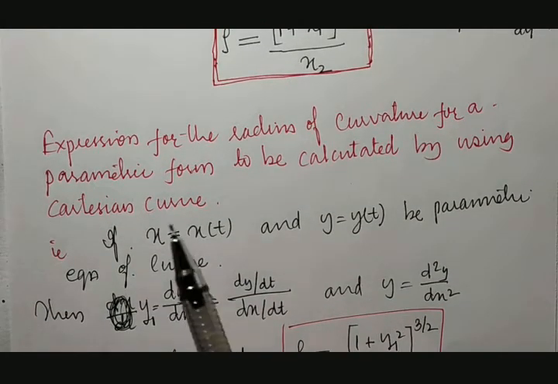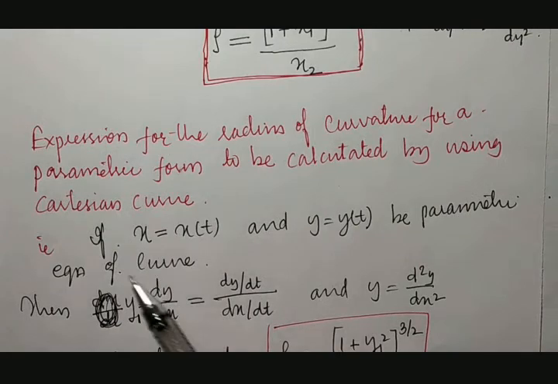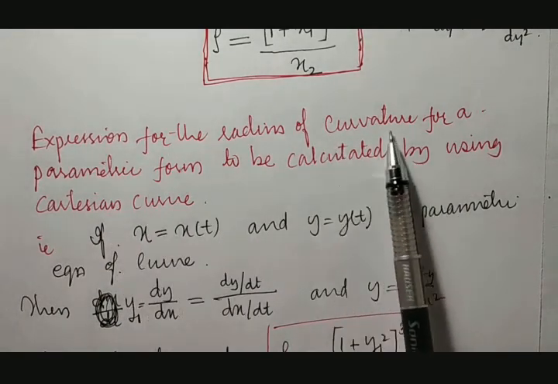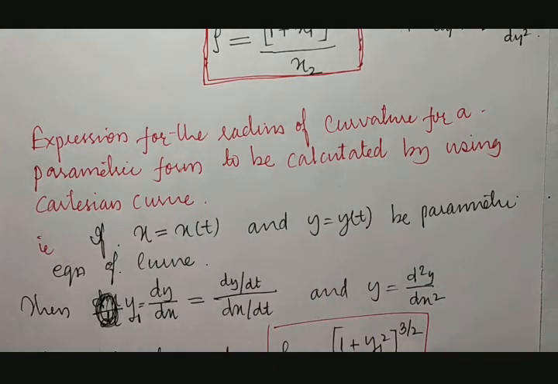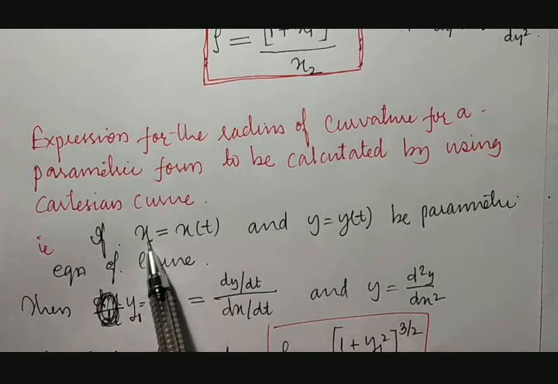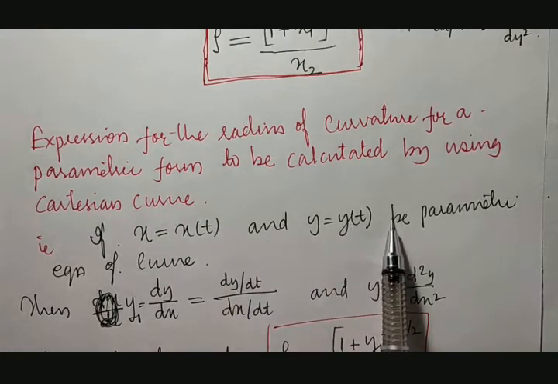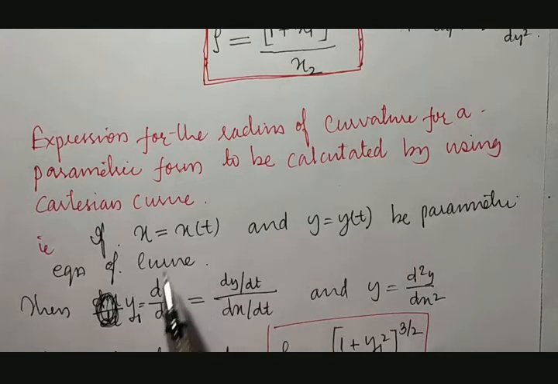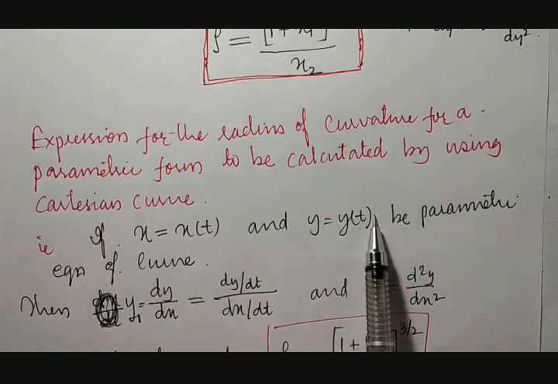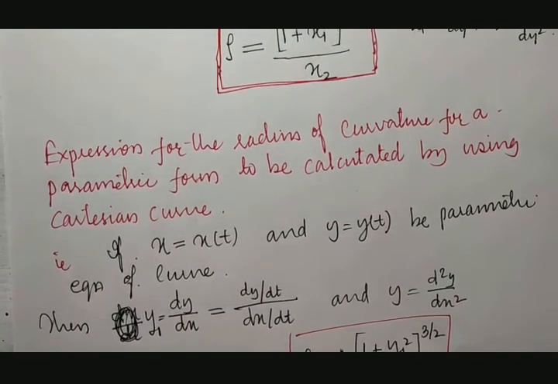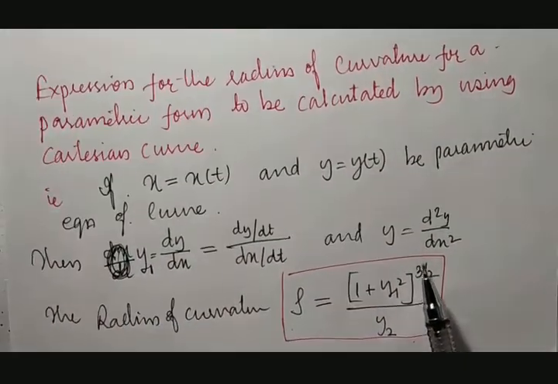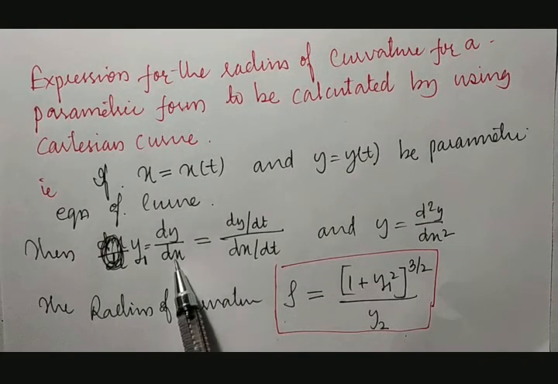Then one more very important note to be considered. The expression for the radius of curvature for parametric forms is to be calculated by using the Cartesian form only. How? If the parametric equations for a curve are given, x is equal to x of t and y is equal to y of t, then differentiation, what happens? We can differentiate x with respect to t and y with respect to t, but there will be two different derivatives. To make them common, we take y1 as dy by dx.